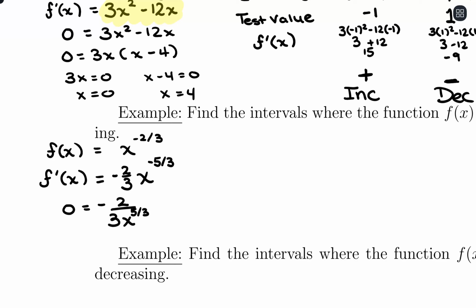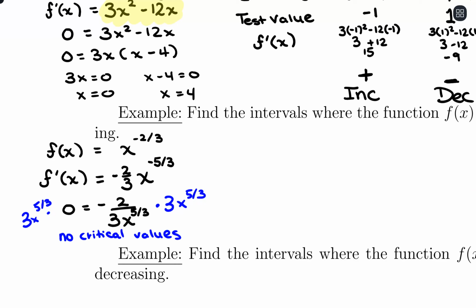All right, so if I multiply both sides by this 3x to the 5/3, which is exactly what we'd want to do because we'd want to get x out of that denominator, we're going to end up with 0 equals -2. And what that tells me is there's no solution for x here, so there's no critical values.